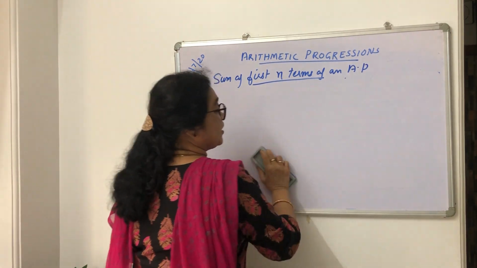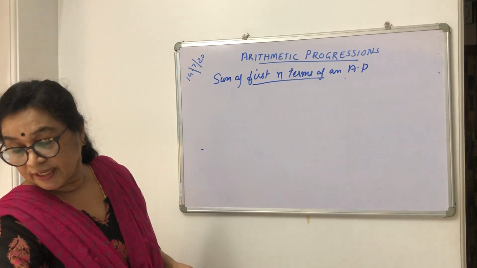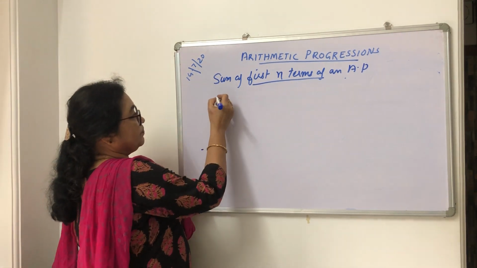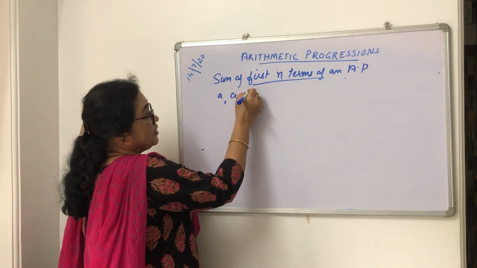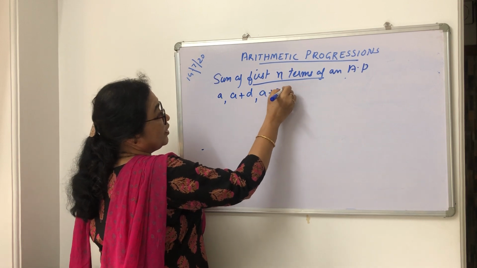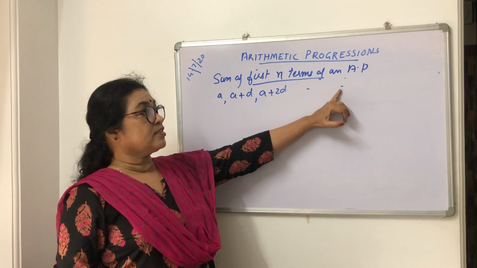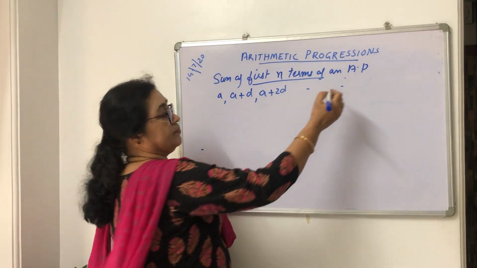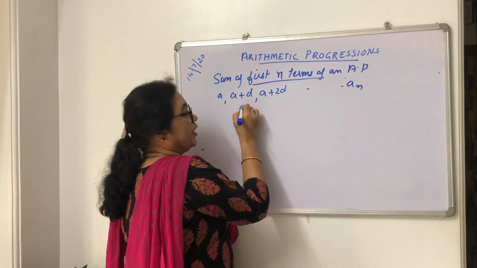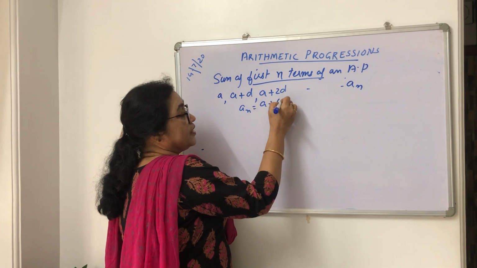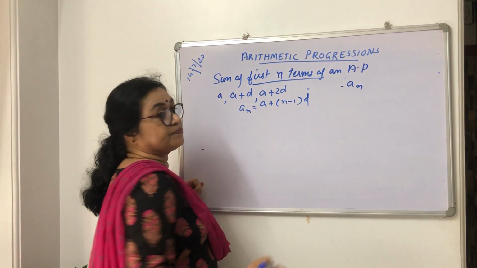Now we consider the AP. So we are taking that AP: a, a plus d, a plus 2d. It will go like that. And we consider the last term as an. So you know an is a plus n minus 1 into d.